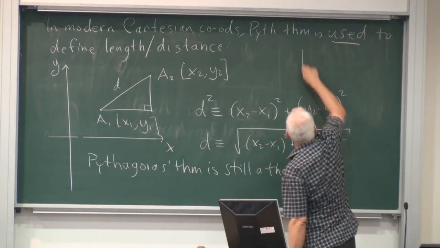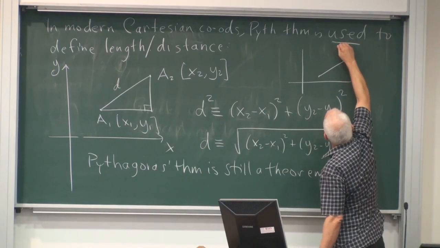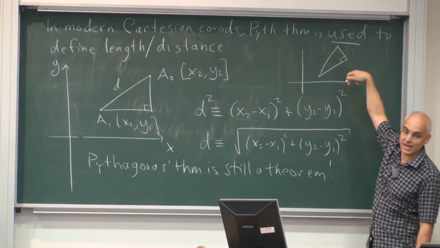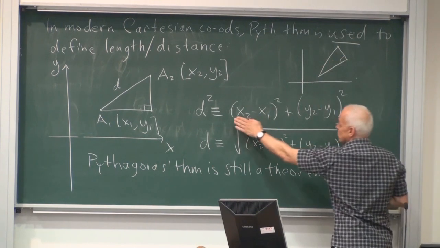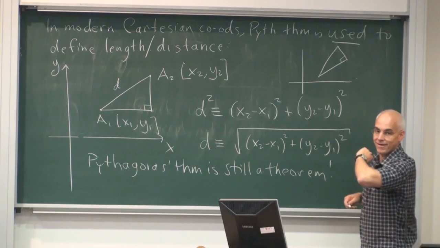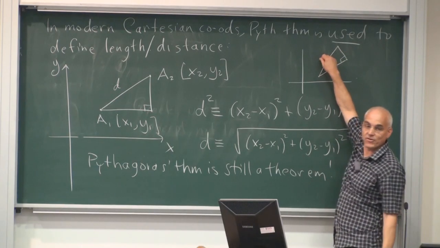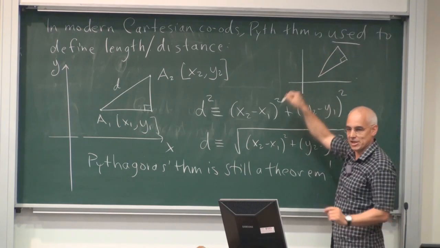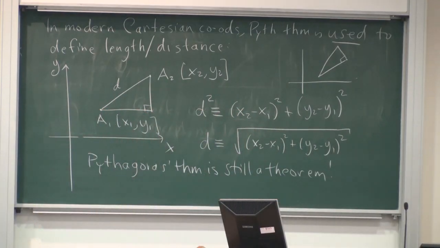But if you have a right triangle whose sides are not parallel to the coordinate axes, then yes, you can define this distance using the formula. But you still need to prove that this distance squared plus this distance squared equals this distance squared. So it still requires a proof even in Cartesian coordinates.